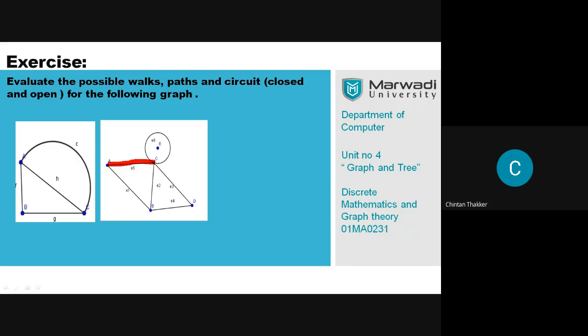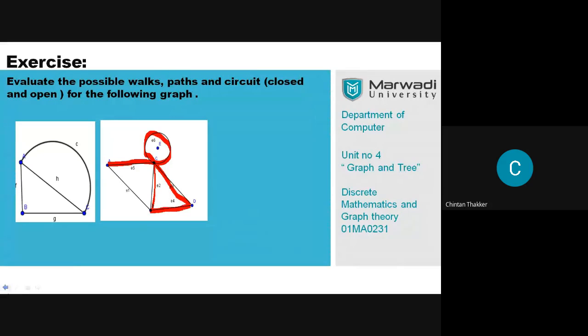See, here if you take this walk: A to C by E5, then by E6 again C, then E3, D, then E4, B, then E2, C. Then here 1, 2, 3, 4, and 5 edges are used.